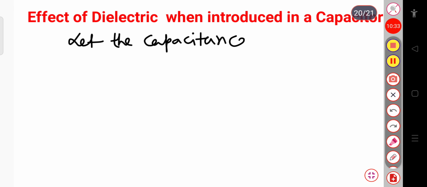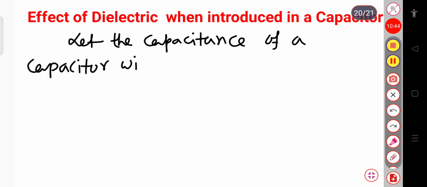Let the capacitance of a capacitor without dielectric be C naught.